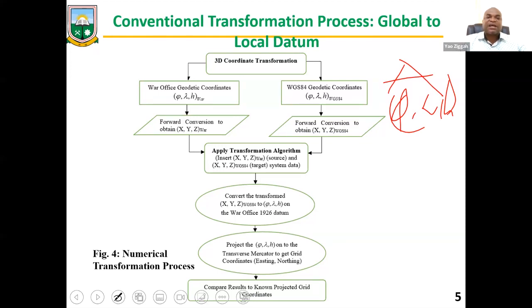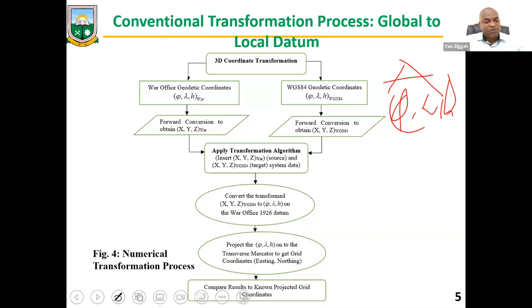And that is how they can apply the transformation formulas to determine parameters and use them to perform transformation. So before you can perform transformation, the first point of call is for you to have common point coordinates. And common point means that on one control point, you have two different coordinates that have been recorded.